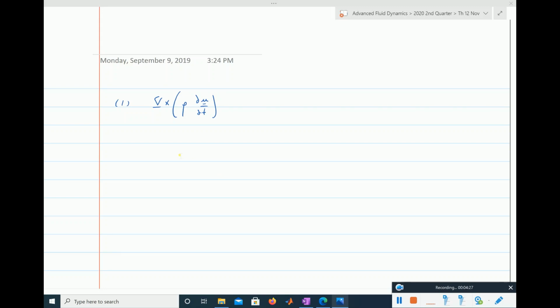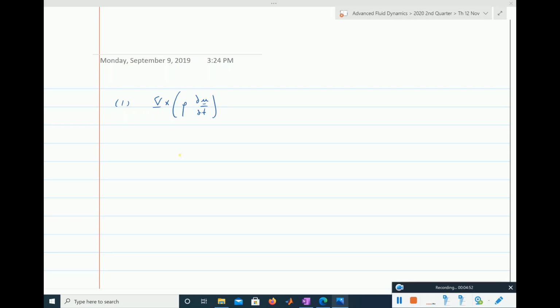Okay, so let's look at the unsteady term. So we have the curl. Remember that in this nabla we have the pseudo-gradient vector, so those are spatial partial derivatives. The curl of rho partial u partial t. Now our variables are independent, so we can switch the order of differentiation.